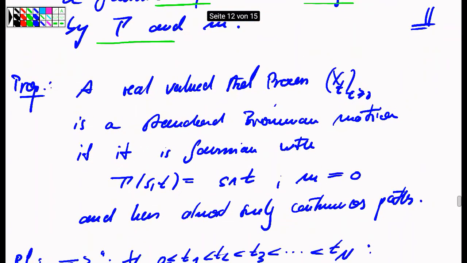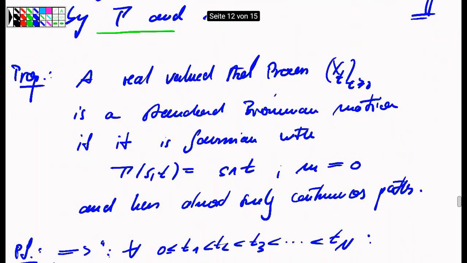Okay, and now we can finally come back to the actual matter of this part of our lecture series, namely back to Brownian motion. And we can now determine and fully describe a Brownian motion as a Gaussian process as follows.